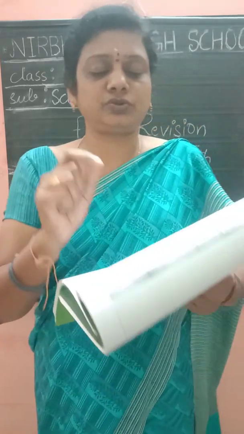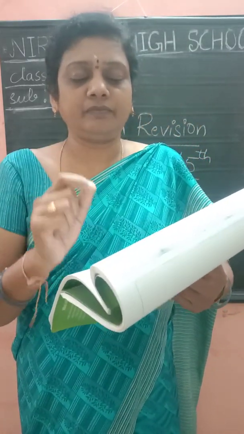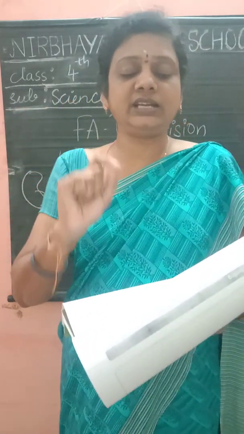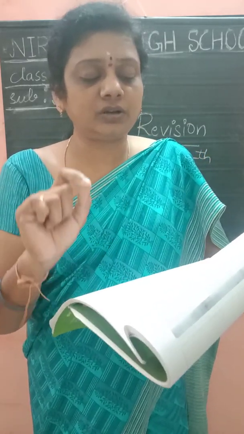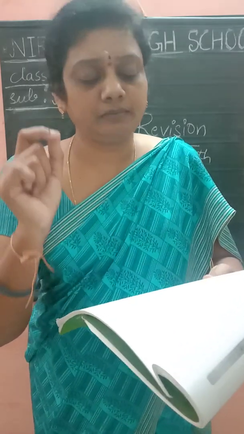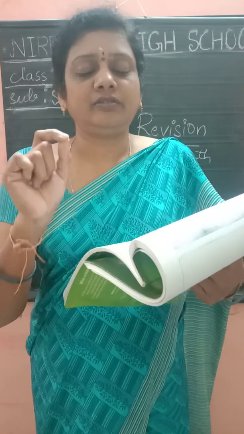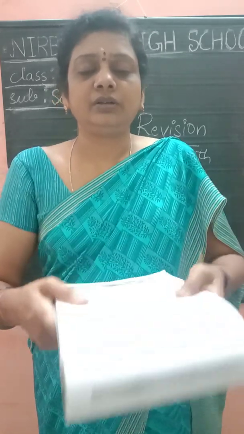What happens to the waste collected from the blood by the kidneys? Kidneys send all the waste to the bladder through the ureters in the form of urine.